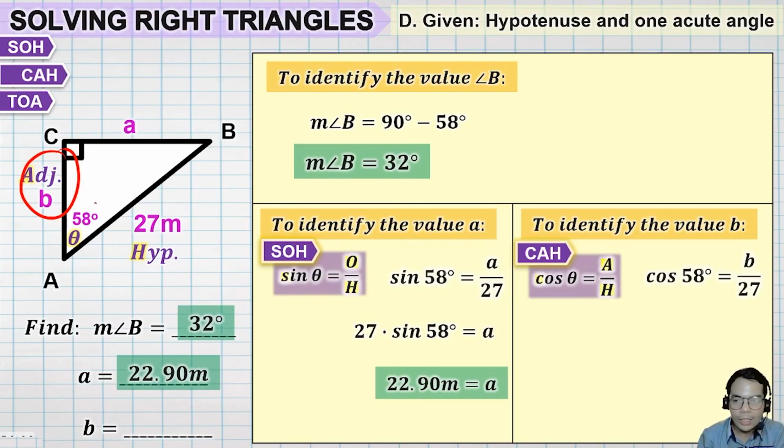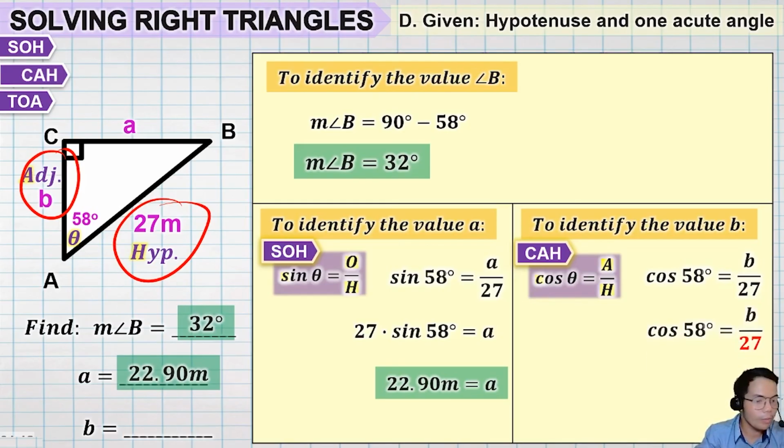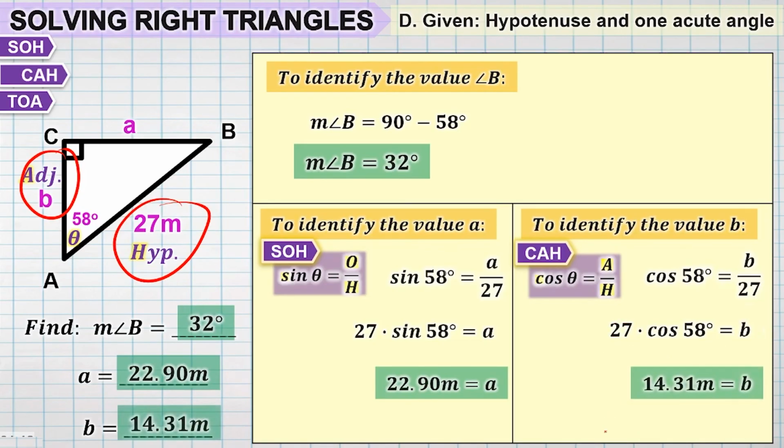Cosine 58 degrees is equal to B, which is our adjacent side, over our hypotenuse, which is 27. So, B over 27. Now, katulad lang nung ginawa natin kanina, we can cross multiply that 27 to cosine 58 degrees. Therefore, the value of B will be equal to 27 times cosine 58 degrees. So, anong makukuha natin dyan? That's gonna be around 14.31 meters kasi ang unit na ginagamit natin dito ay meters. Gets po?